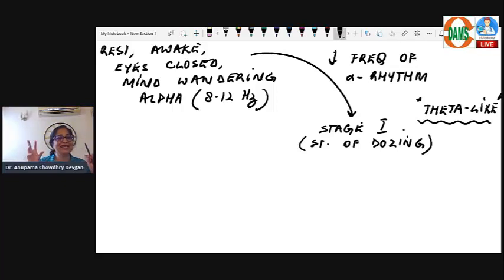Because this is not a typical theta rhythm. I told you theta is in disappointment, emotional states, frustration. Stage 1, the stage of dozing, is definitely not that. But the frequency of alpha rhythm has reduced. So we call it theta-like activity. Understood?